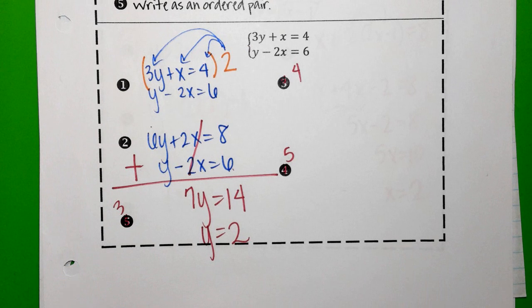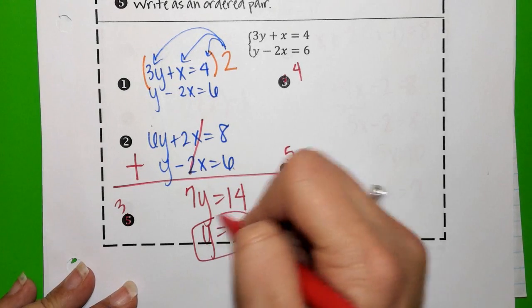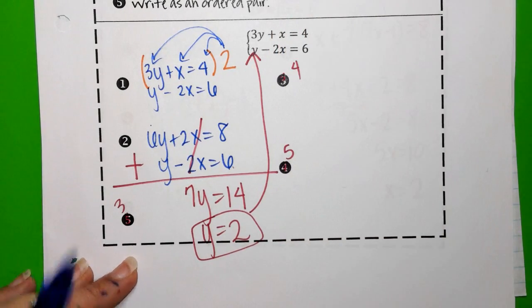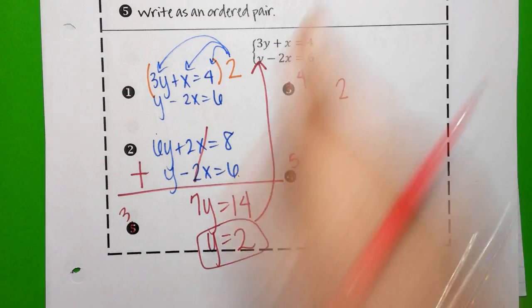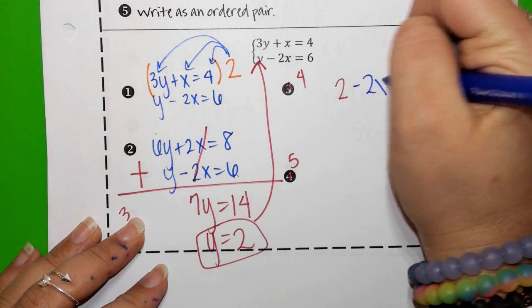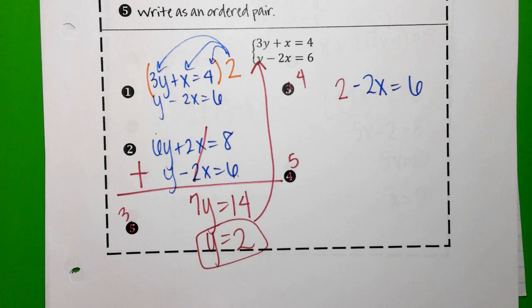Alright. So now we know what y equals. Take this, plug it in here to get x. So we're going to say 2 minus 2x equals 6. Is everybody with me on what I did?